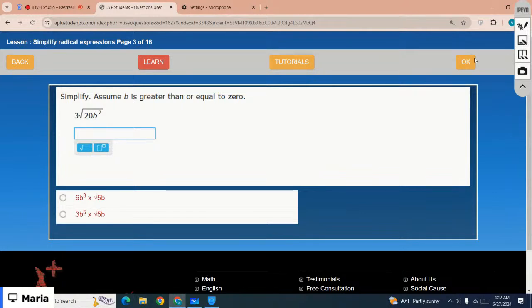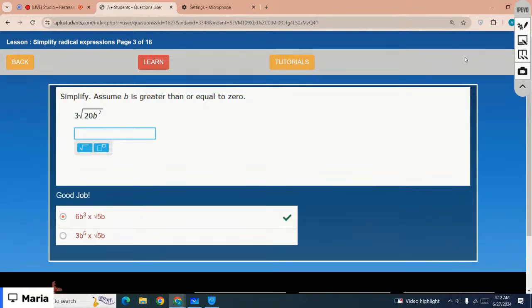The correct option is option number 1, 6b cube square root 5b.